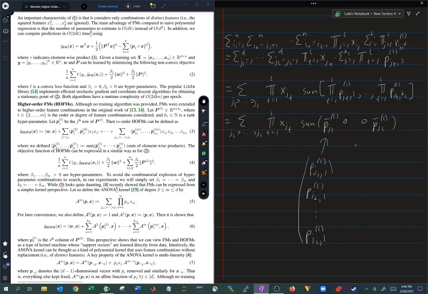It's going to be this as a vector. Then this, I'll put the second one as well: pj1 2 l, pj2 2 l, pjl 2 l. Then eventually we get over to the final one.